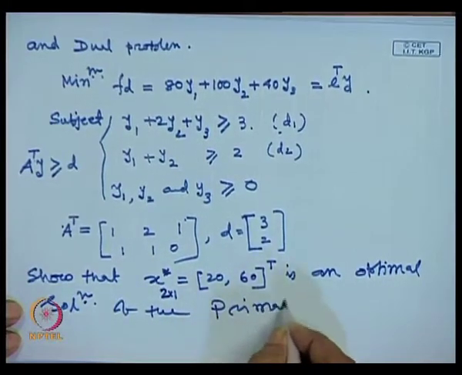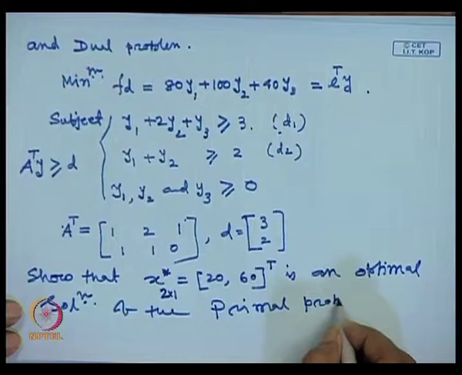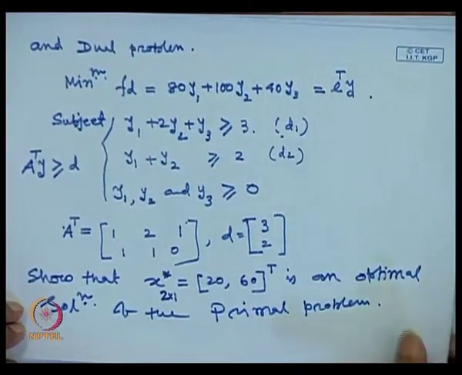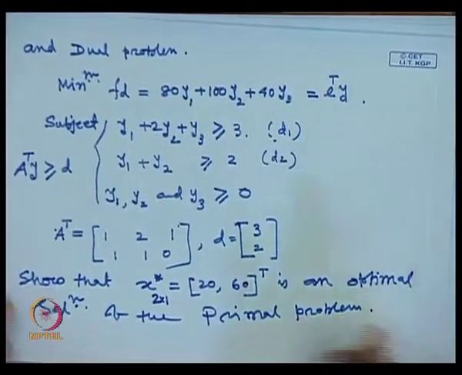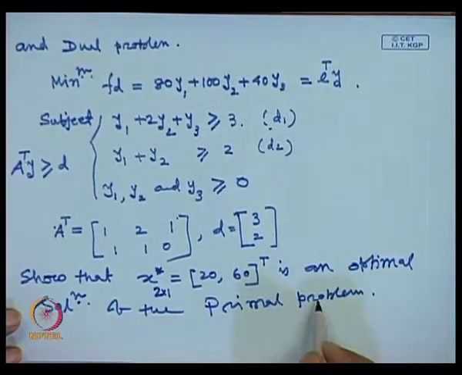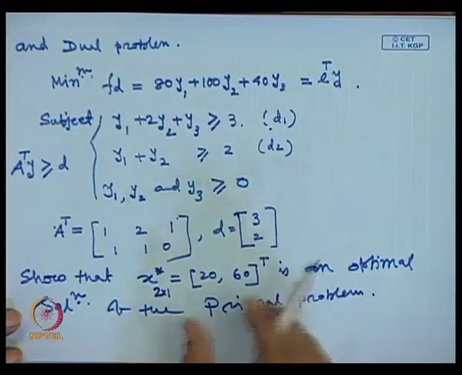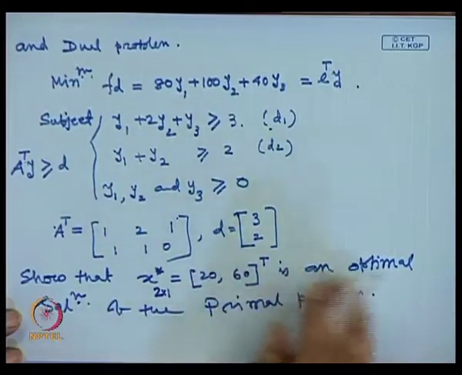That is, you show it. Once it is an optimal solution of the primal problem, x 1 is 20, x 2 is 60 must be a feasible solution of the primal problem. Okay.